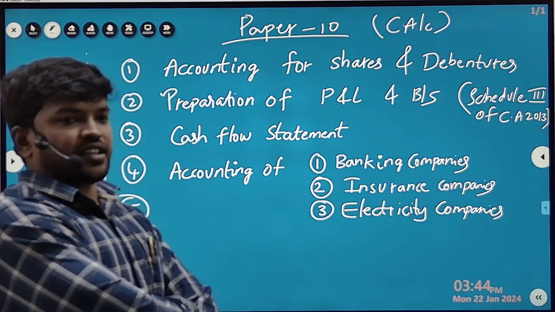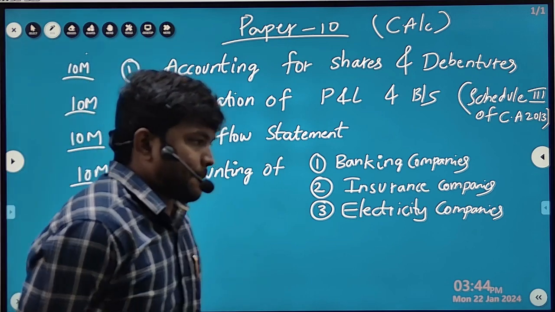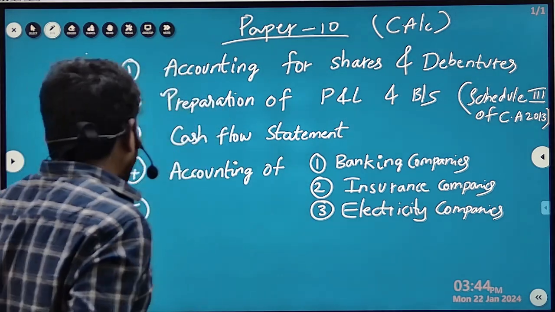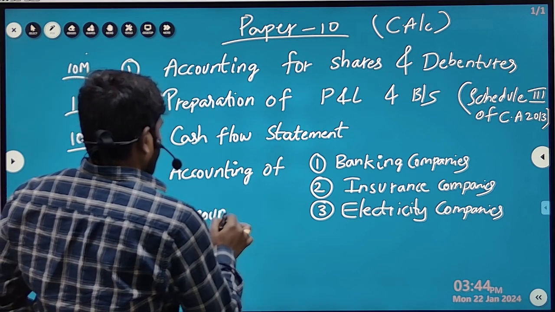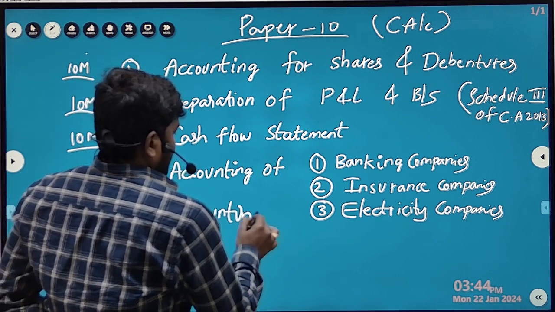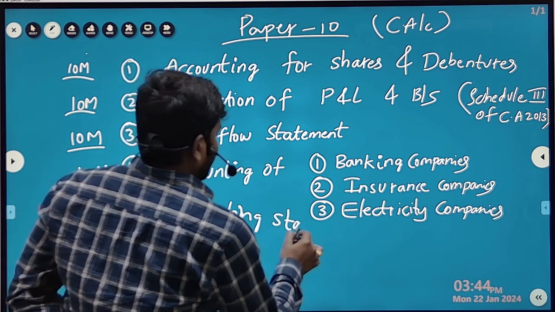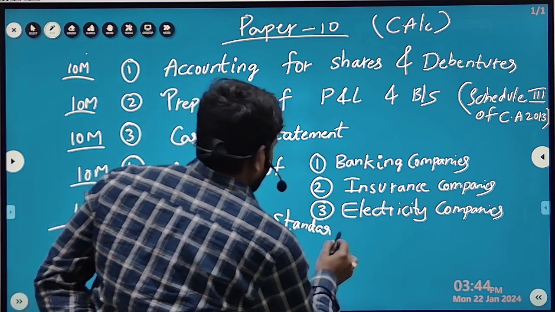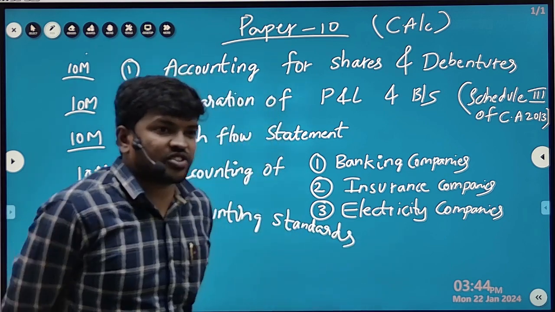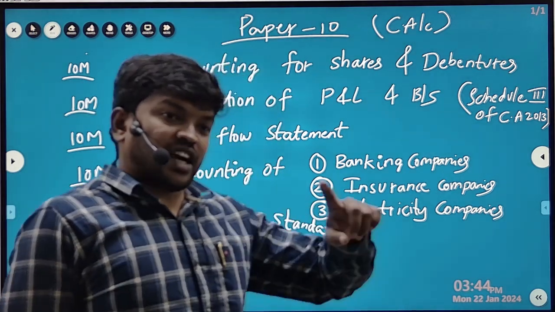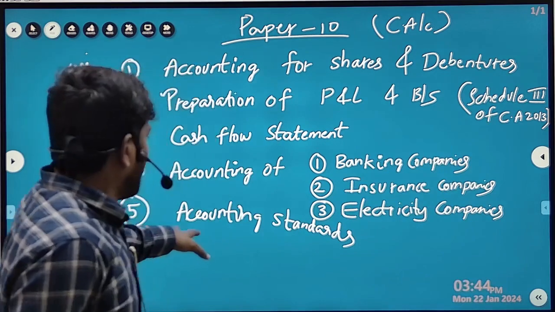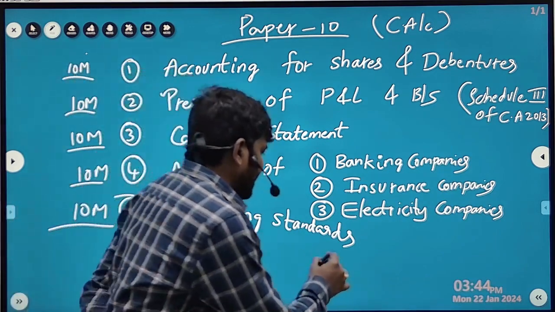Ruchita, what is the last chapter? Sir, accounting standards. In group 1, how many standards do we have? 6 accounting standards. Very good. Those are accounting standards. But here what they are mentioning is Ind AS.